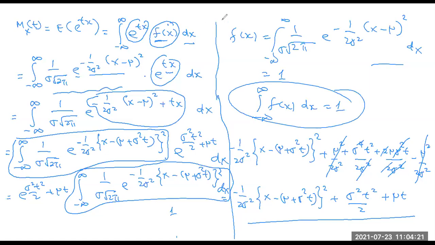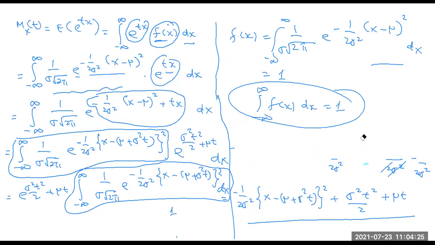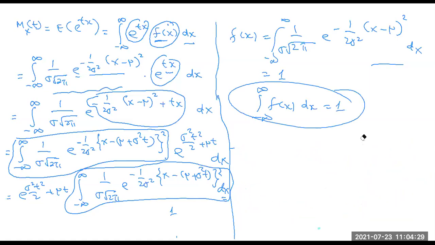So that is to say that the moment generating function for a normal random variable, M_X(t), where X is a normal random variable, is given by exponent of sigma squared t squared over 2 plus mu t.